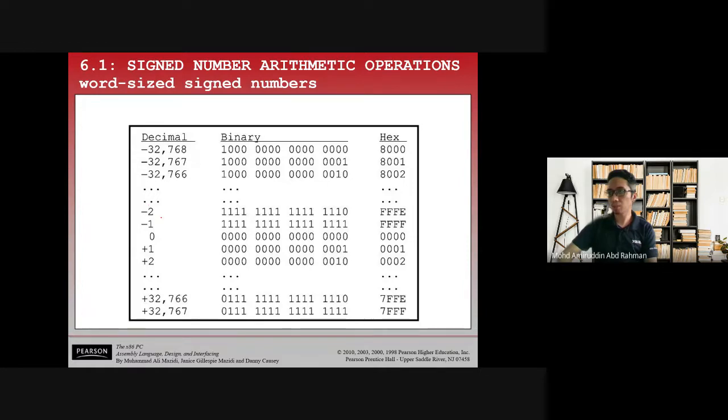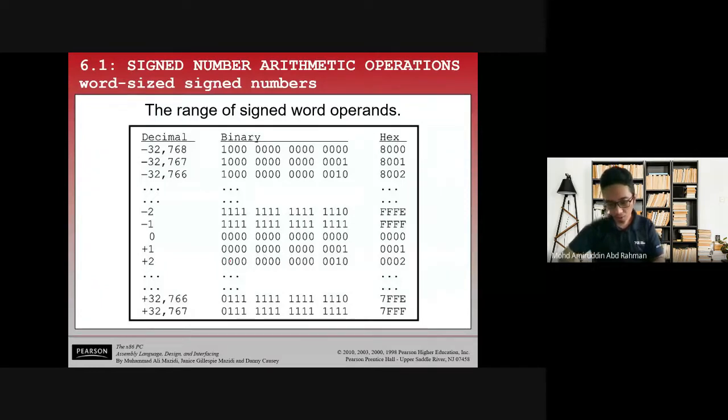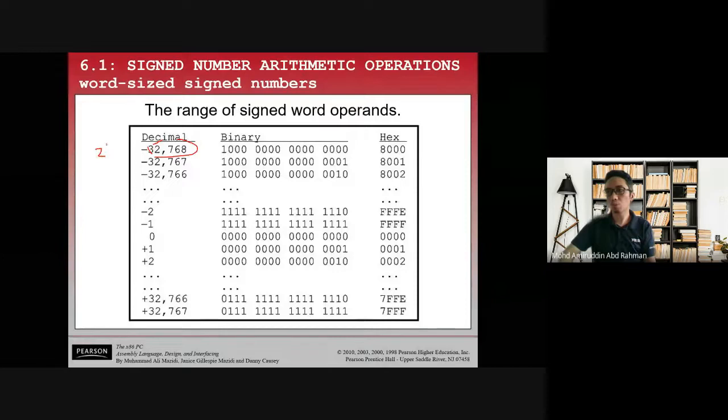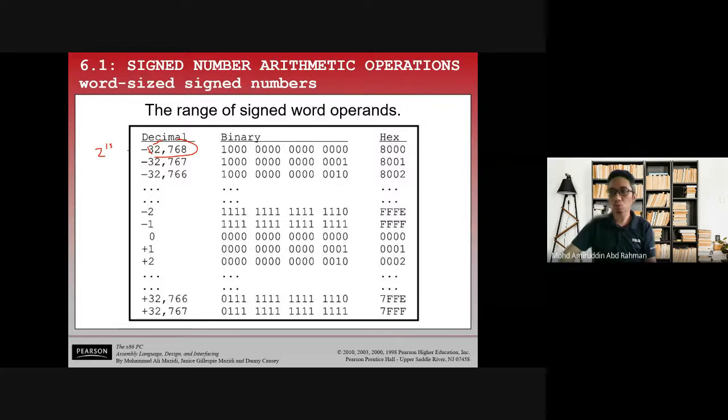So actually this can be supported from minus 32768 up to 32767. Basically, because you have 15 slots for the word, it is 2 to the power 15 at the maximum. So 2 to the power 15, you get 32768.